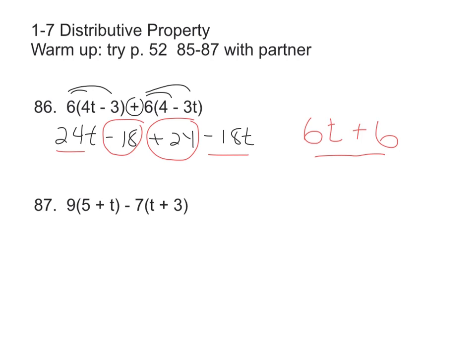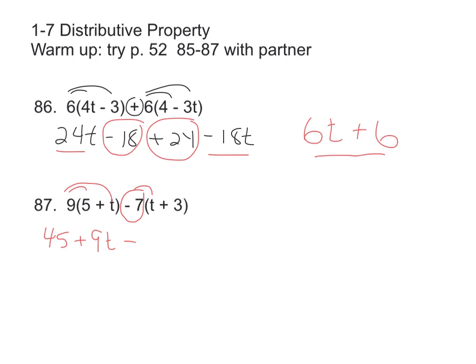For number 87, we're going to have to distribute twice. The first distribution will be easy. 9 times 5 is 45. And then 9 times a positive t is going to be a positive 9t. For this problem, you want to be extra careful because with this 7 is the negative, and we have to distribute that.